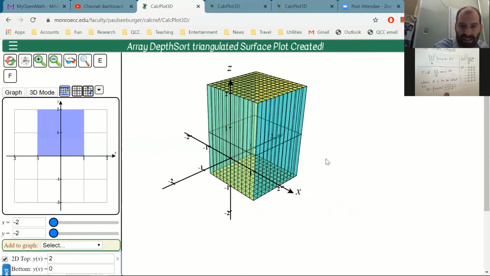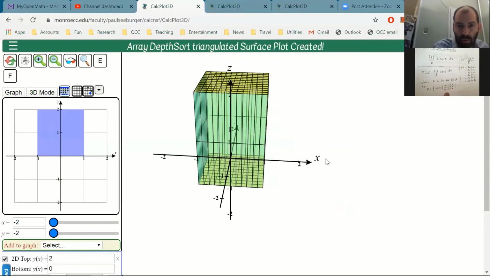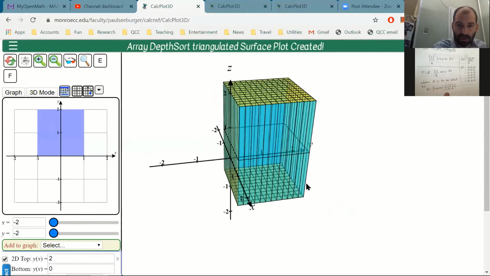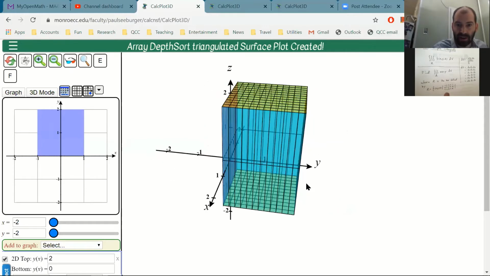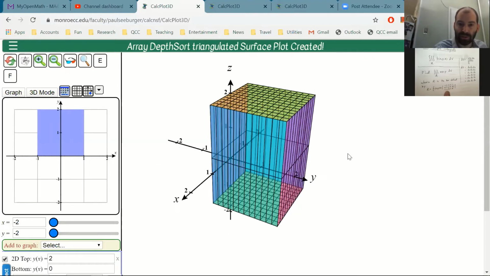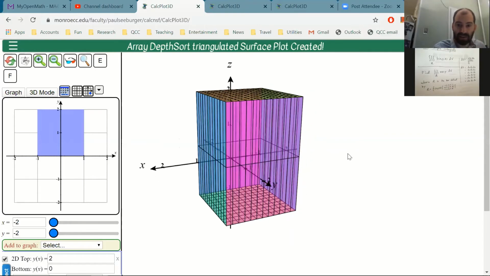So you can see that x goes from -1 to 1. Right? On the x-axis, this box goes from -1 to 1. y goes from 0 to 2. If I look on the y-axis there, it's going from 0 to 2. And z is going from -1 to 2. So by specifying those intervals, I'm specifying a box here.